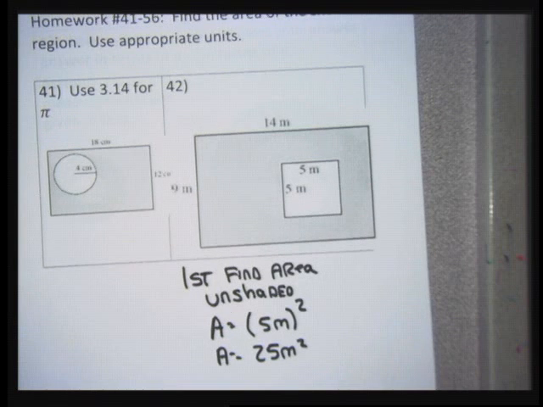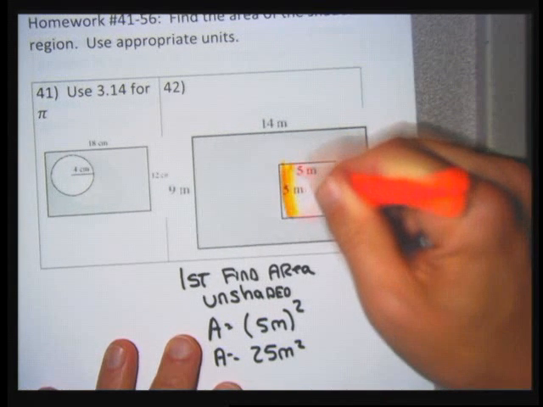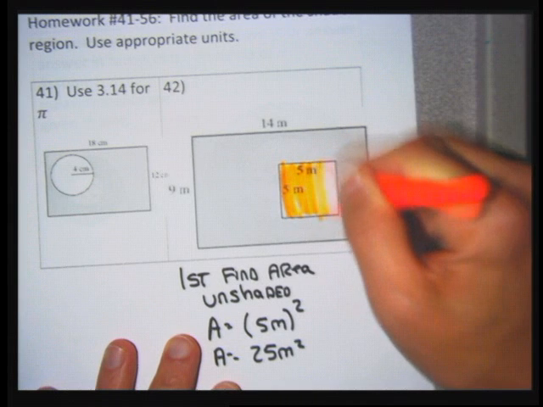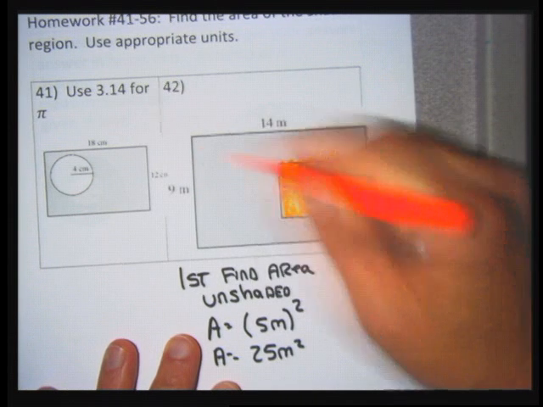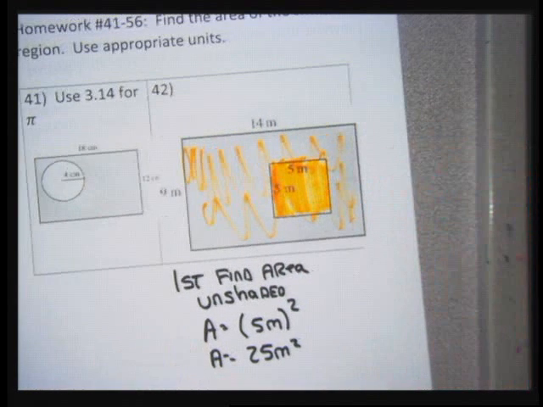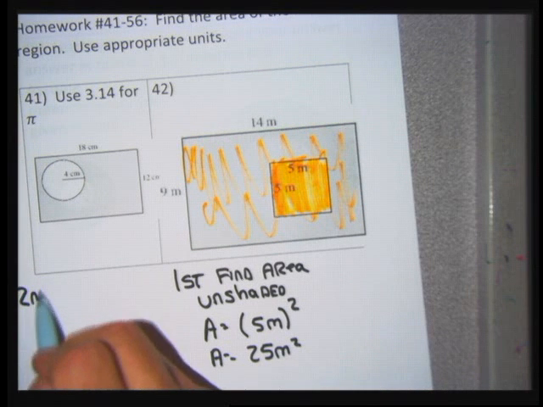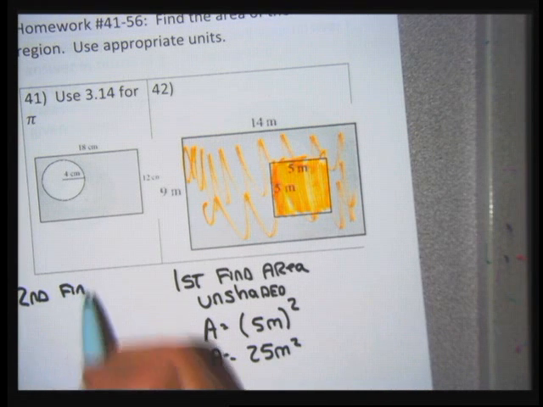So that's first. Second, I fill in the unshaded part, and I find the area of this whole figure, like it's all shaded in. When it's all shaded in, it becomes just a rectangle that's 14 by 9.